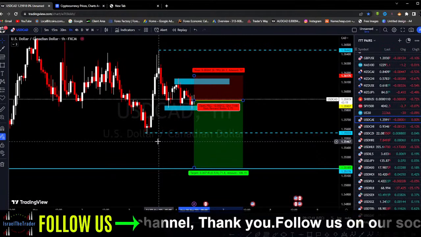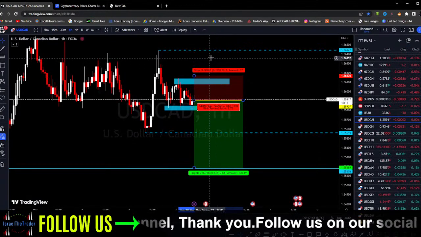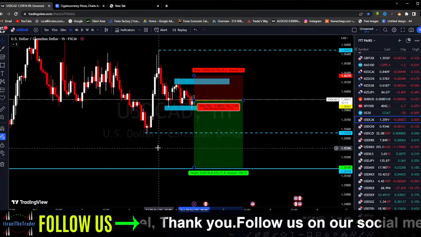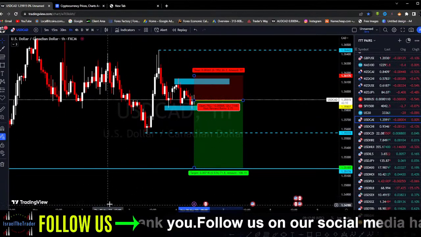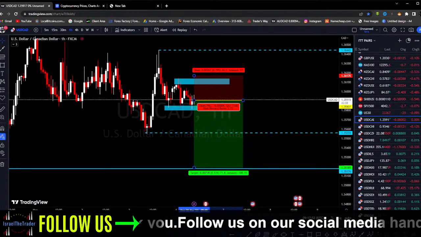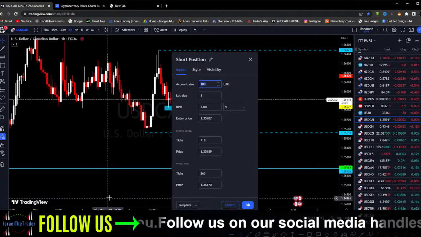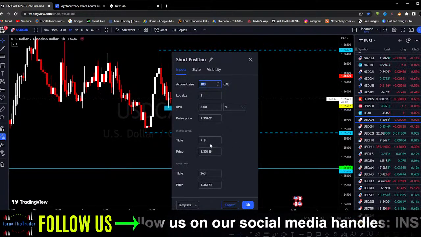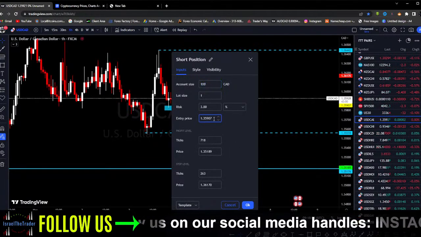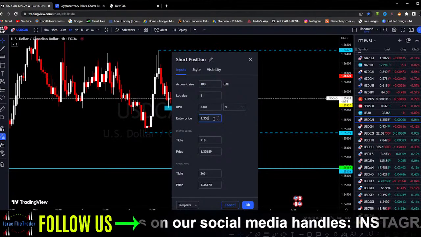Let me check the entry point. I'm minus 2.5 pips right now on USD CAD. Don't worry, that is just because of spread and so on. So 1.35889, that's the entry point.